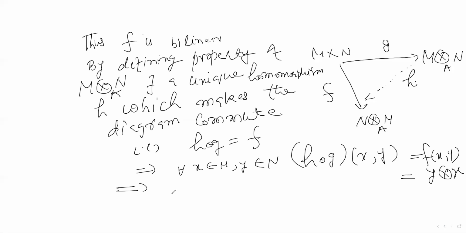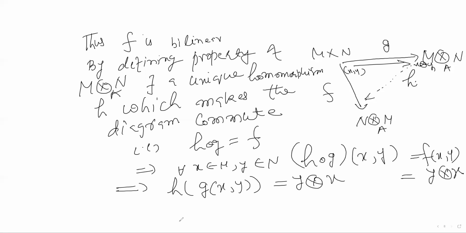So this means h of g of (x, y) is y tensor x, but g of (x, y) here is x tensor y. So under g, (x, y) goes to x tensor y. We know this. So this means h of x tensor y is y tensor x. So on generators, this h is defined in this fashion.